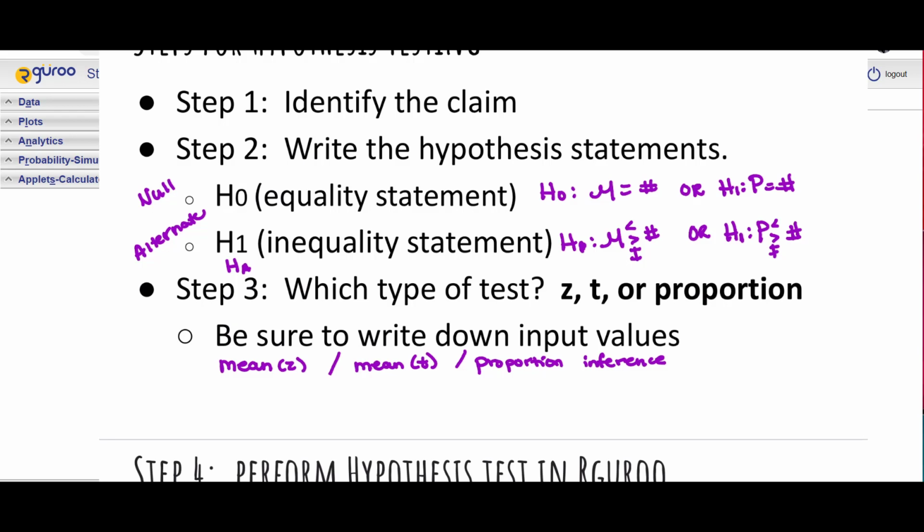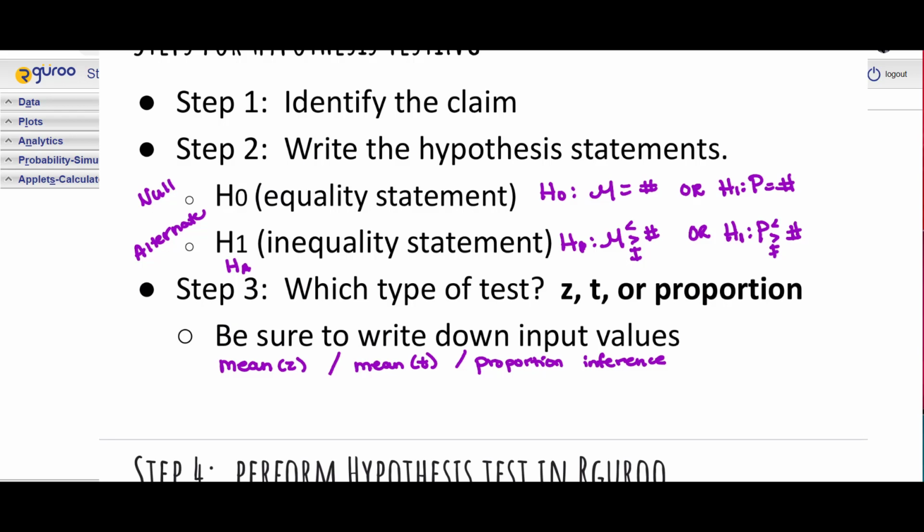And then once you do that, if you're testing a mean and you're doing a mean inference, you have to decide whether they've given you the population standard deviation or the sample standard deviation instead. If it's a population standard deviation, we use the Z statistic, and if it's a sample standard deviation, we go with T statistics.